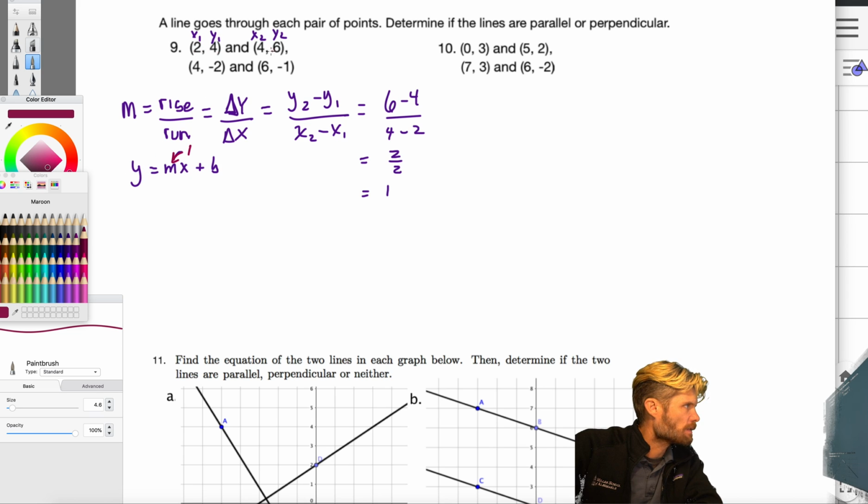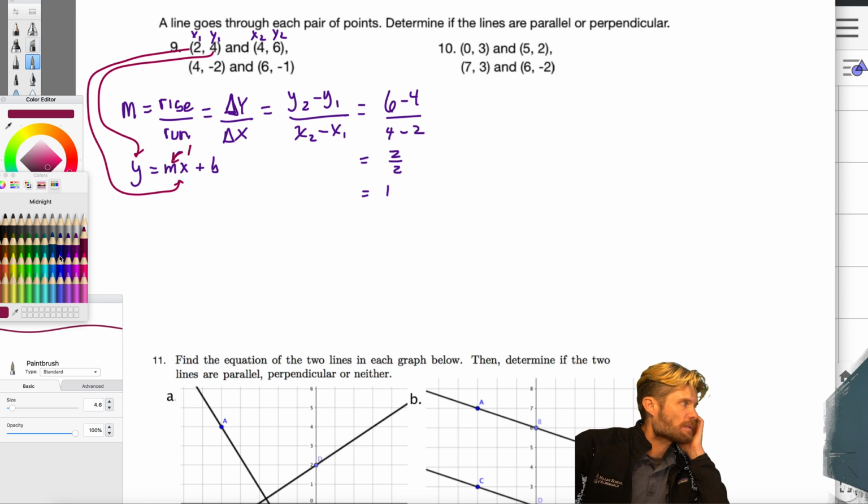I could use either the first point or the second point. Let's use the first point. So let's put 4 in for y, and 2 in for x, and then we could solve for b.